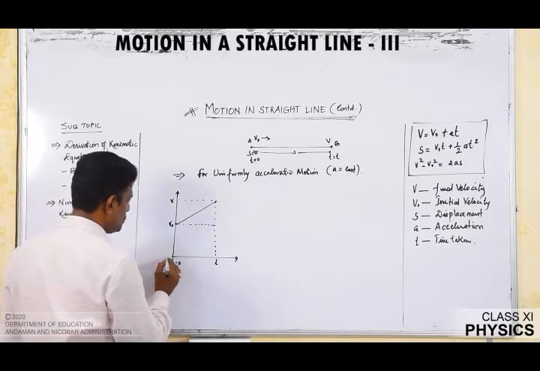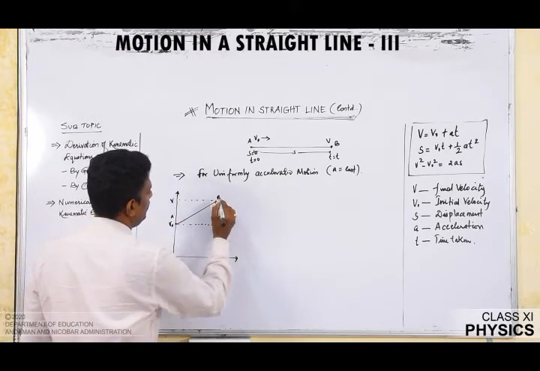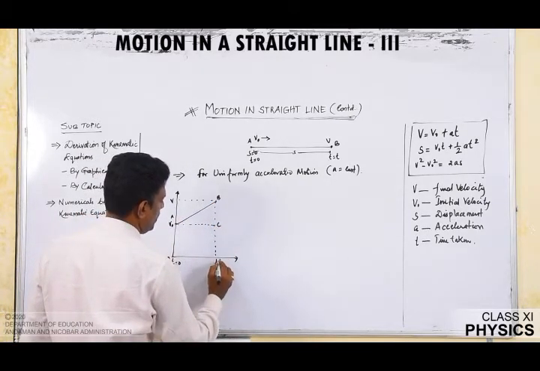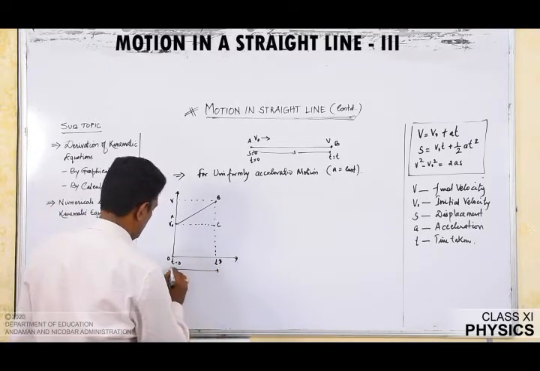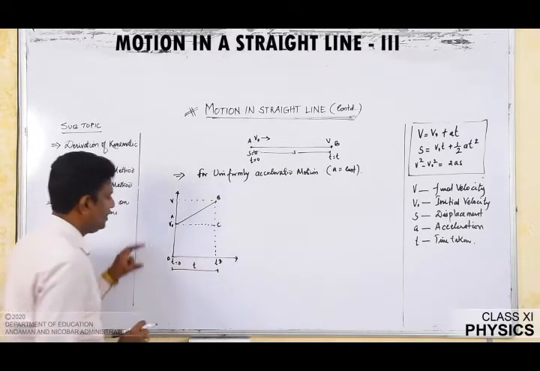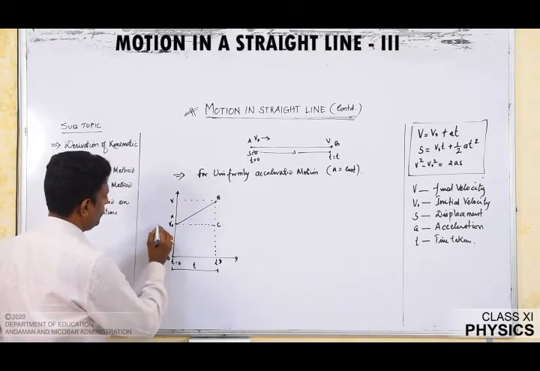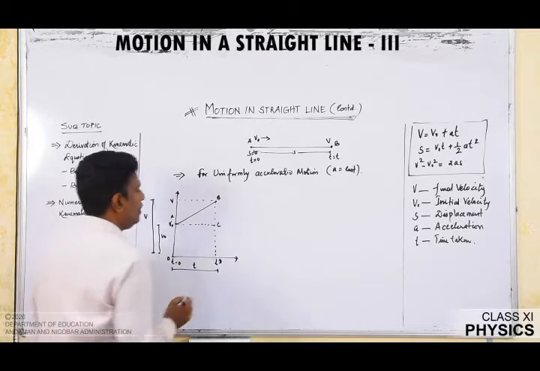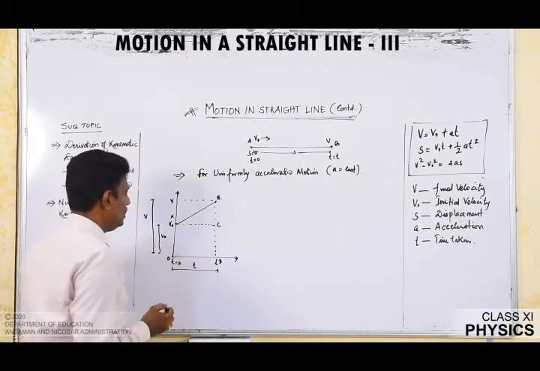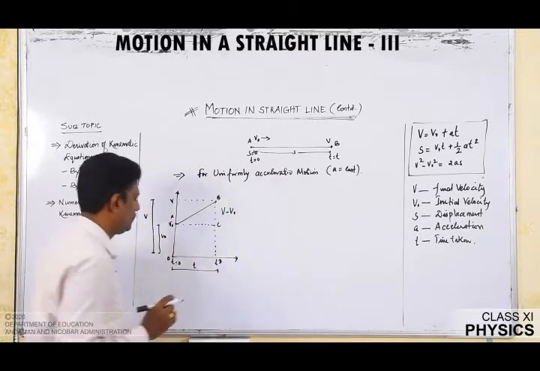Let us name it as O, A, B, C and D. The time taken here is T, and this is the initial velocity, say it may be taken V naught, up to this it is V. So, this BC is equal to V minus V naught.